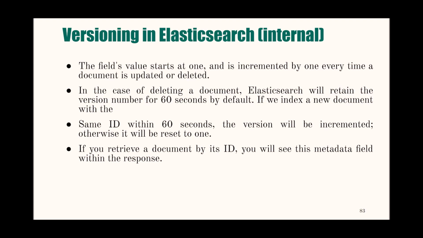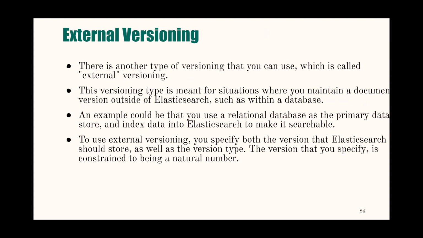So if you have updated or modified the document 3 times, you will only see the last version, because the first version will be deleted, the second one as well, and so on. Elasticsearch will just keep the version number of this document, but not the document history itself.